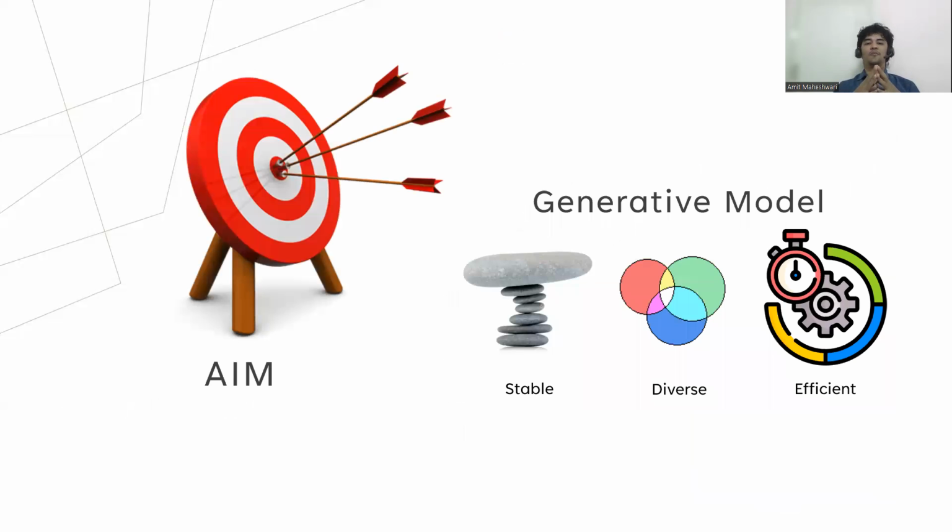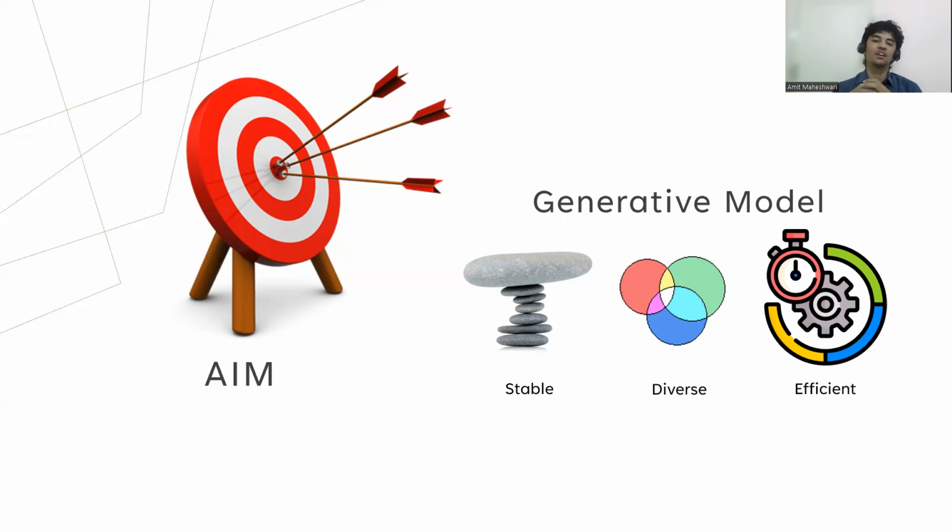Now we understand that the basic aim of this research is to come up with a generative model, be it a GAN or an autoencoder, that is first stable, second diverse enough, and third efficient. Why diverse?